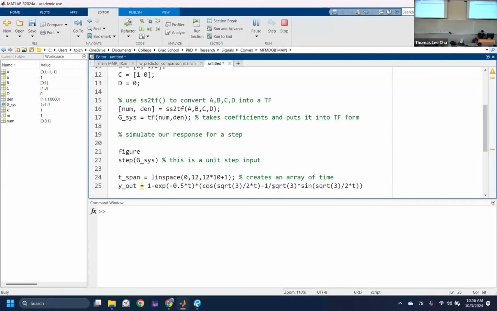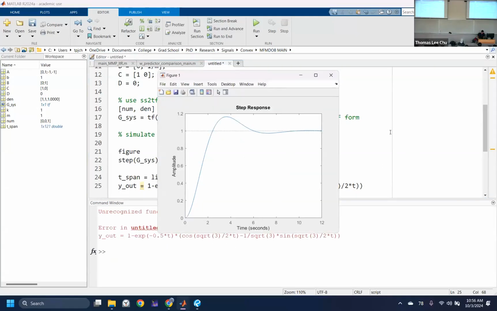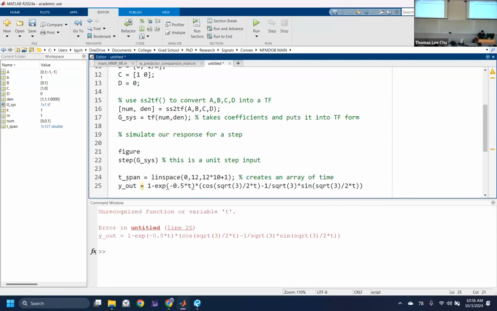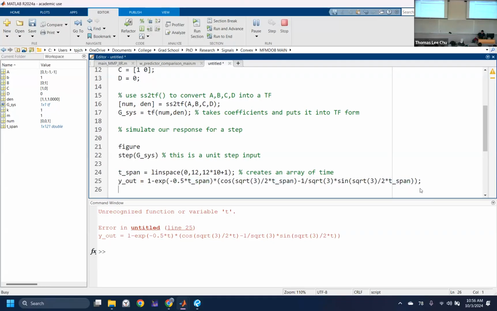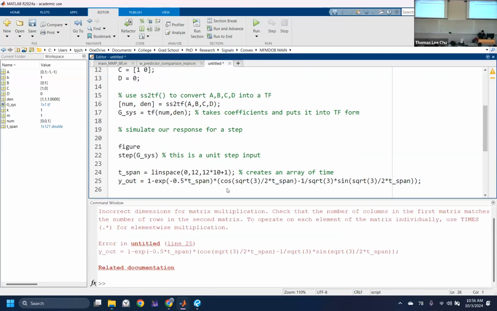All right, let's just run it first and see what happens. I knew it, because I have t here. Let's change it all to t-span now. All right, let's try it again and see if it runs. Of course it doesn't.